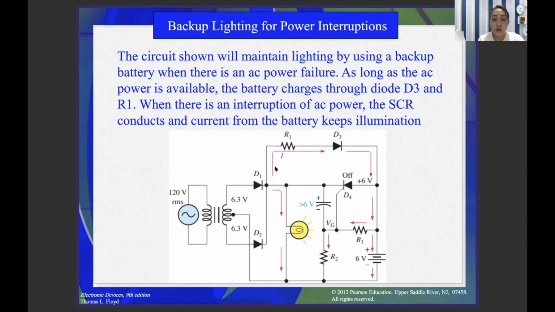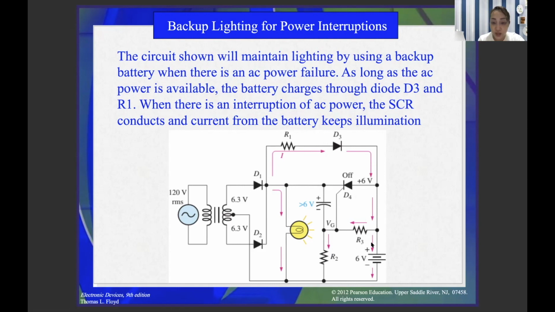Then, when there is an interruption of AC power, the SCR conducts the current flow from the battery, keeping it illuminated. So meaning, if we have a supply here, the flow of the current is going that way. The SCR will give power here at the same time charging the battery.